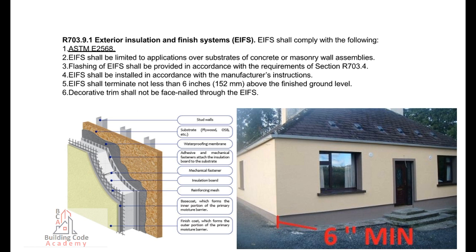Flashing of EIFS shall be provided in accordance with the requirements of section R703.4. 4. EIFS shall be installed in accordance with the manufacturer's instructions. 5. EIFS shall terminate not less than 6 inches, 152 mm above the finished ground level. 6. Decorative trim shall not be face nailed through EIFS.